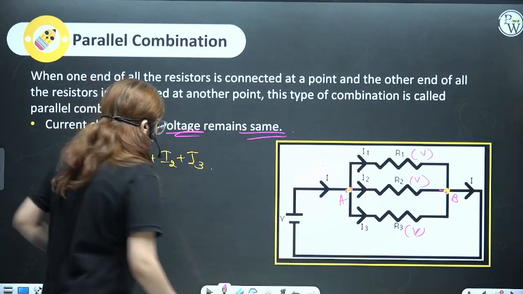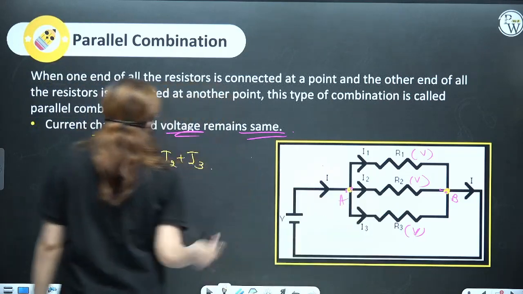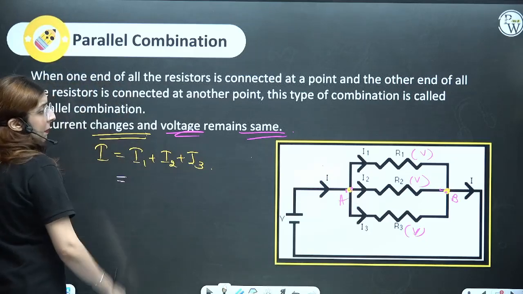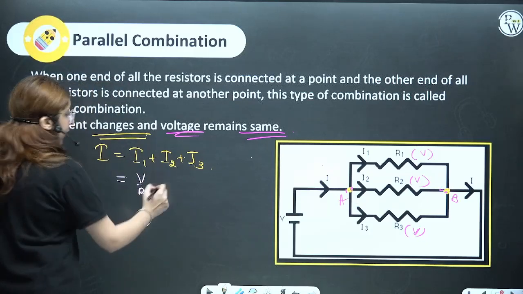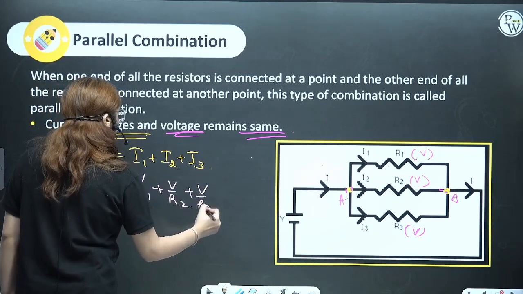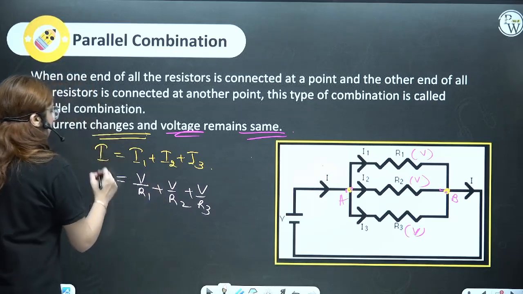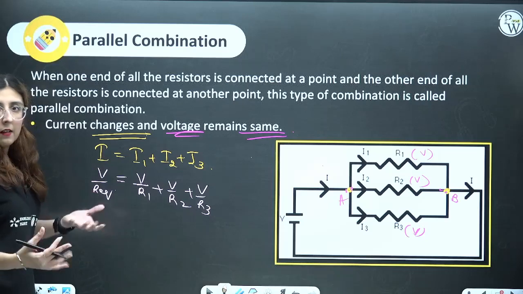Okay, now let us derive how I will find out the R equivalent. See, in place of I1, can I write V by R1, I2, V by R2, I3, V by R3. I hope you all remember Ohm's law by now, so this is nothing but the same. And V by R equivalent, the net.